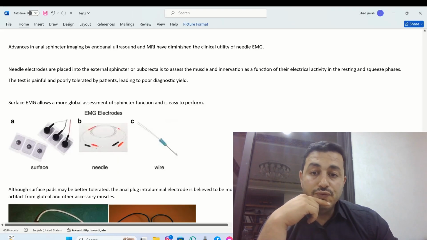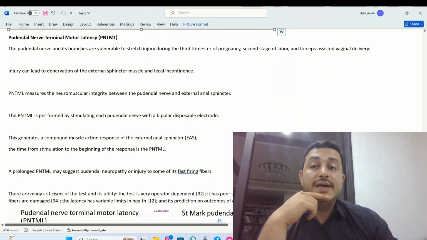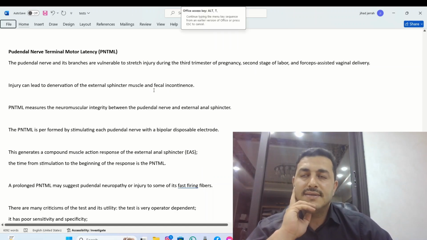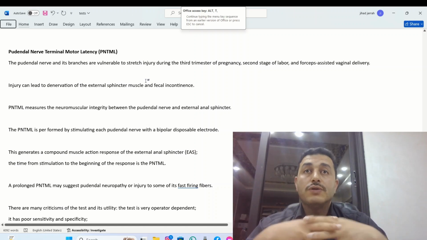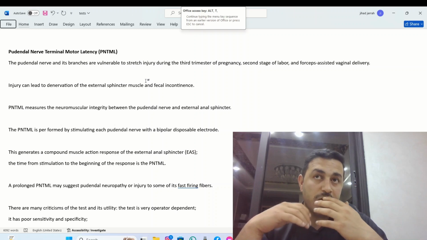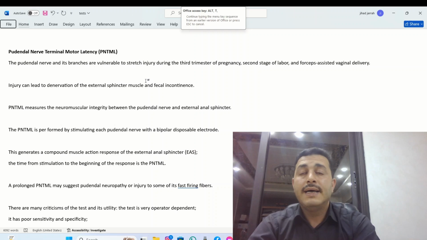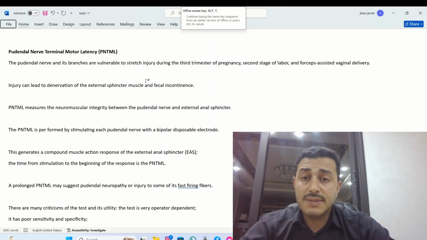Okay, let's move to the pudendal nerve terminal motor latency test. As we previously said, the external anal sphincter has somatic innervation through the pudendal nerve, and we have an entity called pudendal nerve neuropathy or injury, which is usually after stretch injuries, such as during the third trimester of pregnancy, during the second stage of labor, or during forceps delivery.